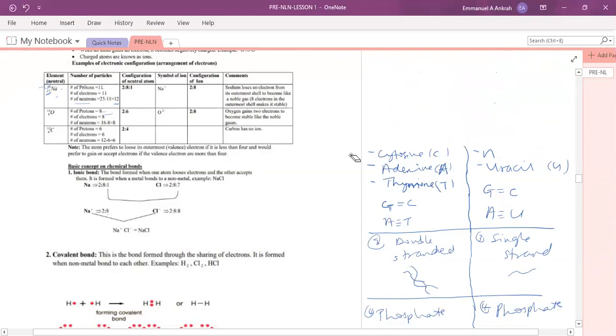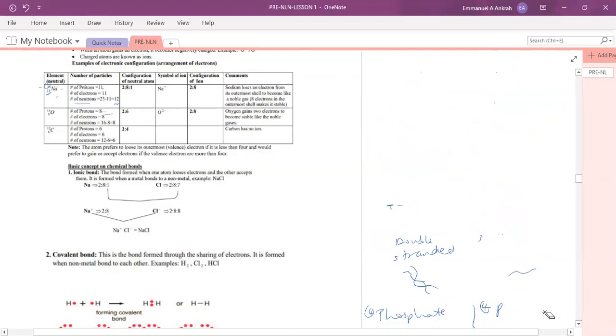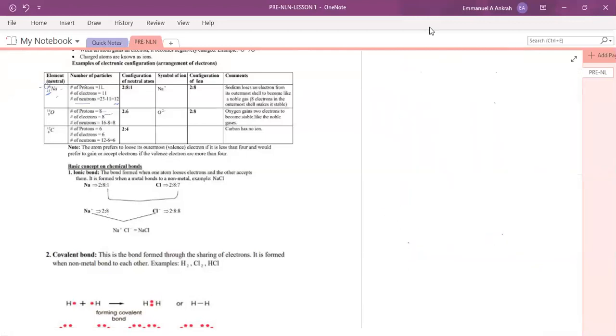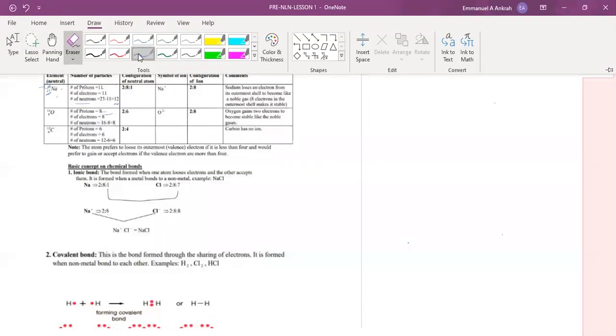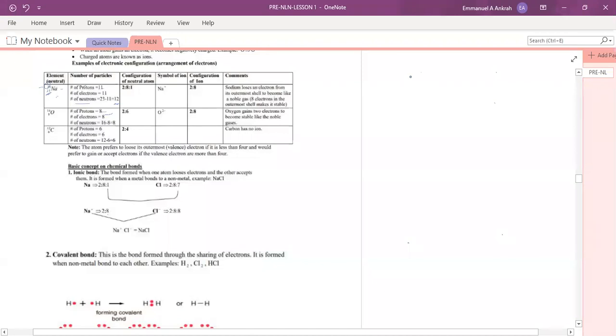I'm going to draw the atomic structure. If you take, let's type the sodium, which is the Na.